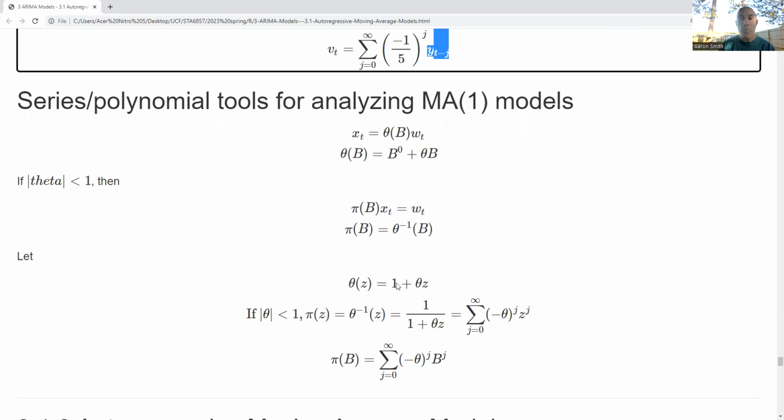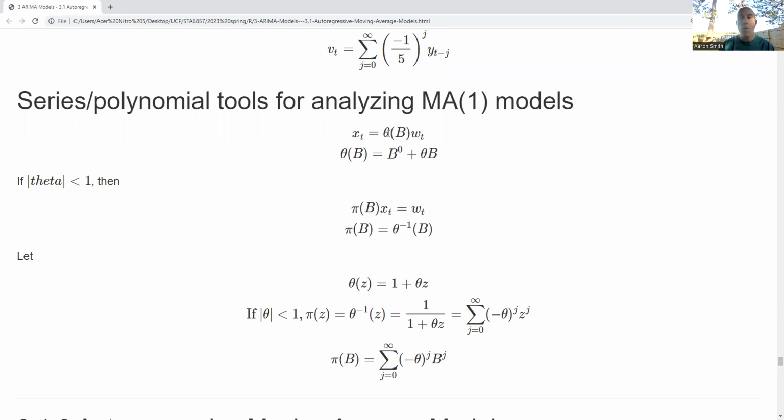All right, so here we're using that backshift operator notation we talked about a moment ago. Here I'm writing my current model that I'm interested in. Remember, I had the theta. So here I've got 0 backshift, and I have a backshift of 1.